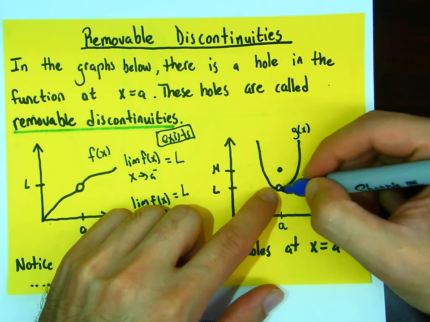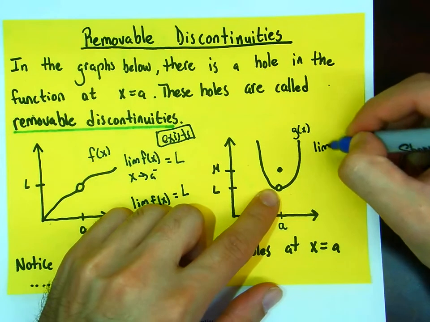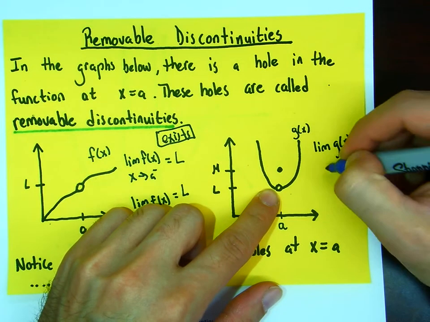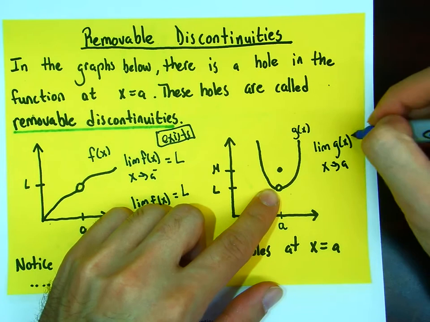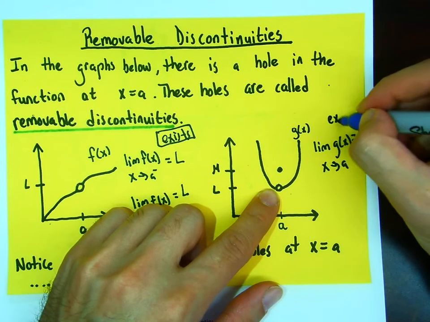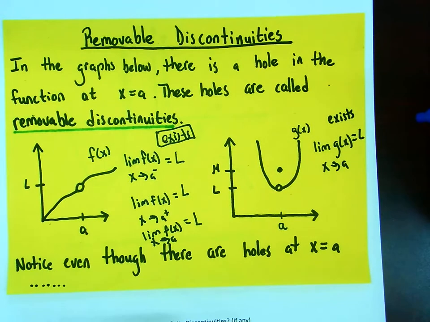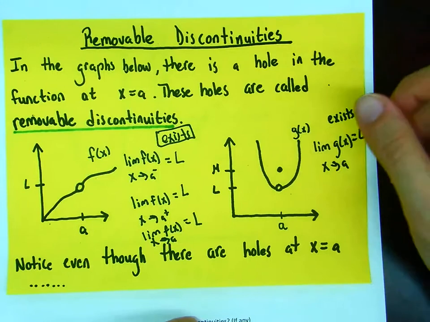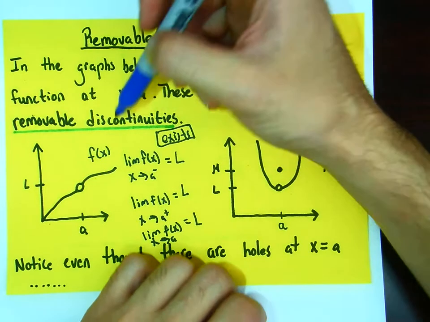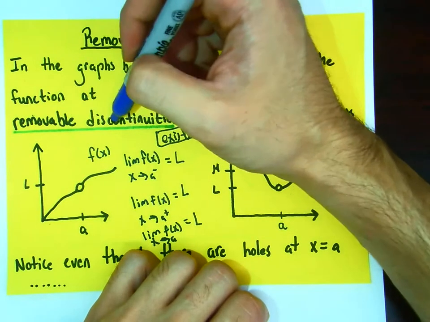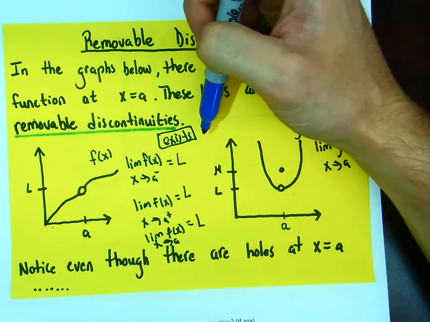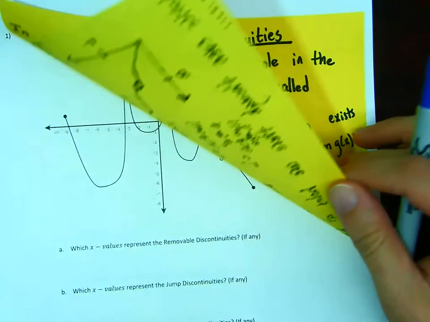We know that the limit of g of x as x approaches a is going to be L. But the most important thing is it exists. So it's really important to connect that for a removable discontinuity, the limit will exist.